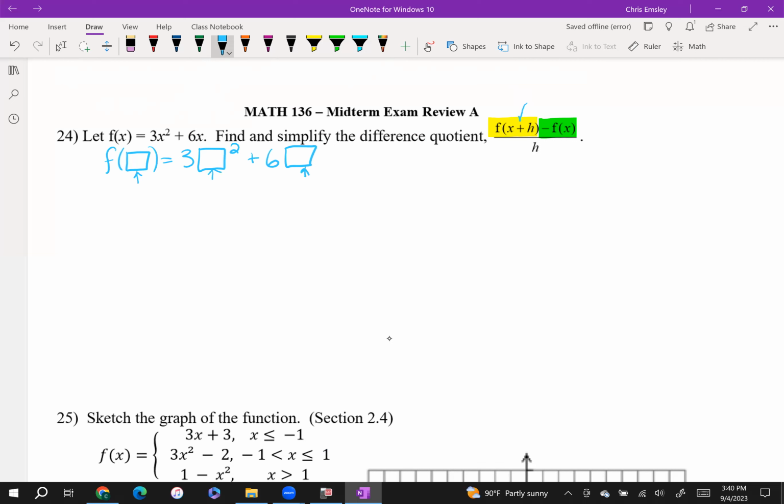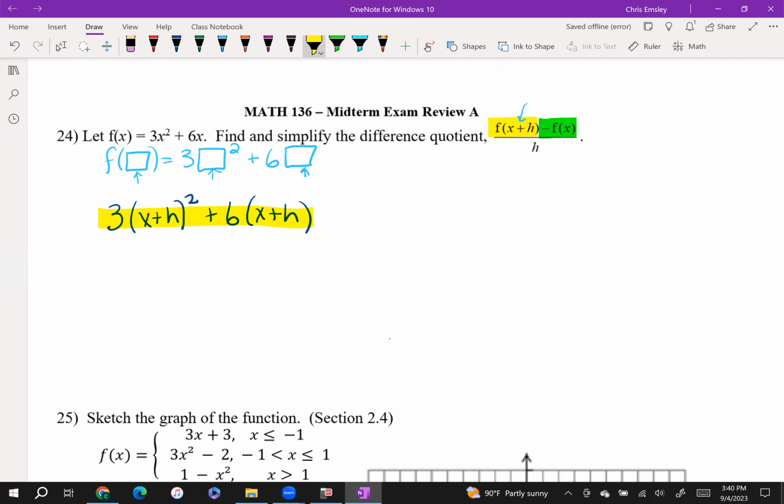So in my parentheses, I have x plus h. That means when I write it out, I'm going to have 3, and then in that first box goes an x plus h squared, and then I have plus 6, and then I have another x plus h. So this came from the first part of that difference quotient. That is my f of x plus h.